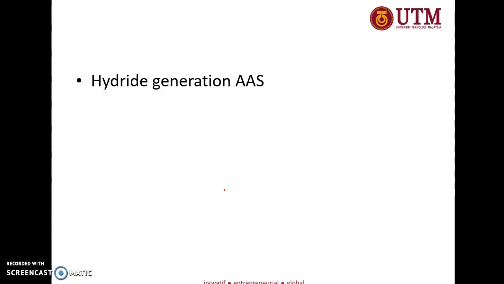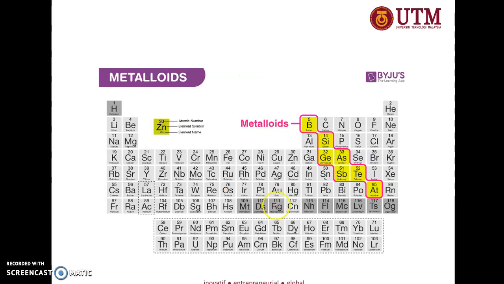First of all, refresh your inorganic chemistry. What are metalloids? Metalloids in the periodic table are the elements tabulated in group 14, 15 and 16 as shown here. We have 1, 2, 3, 4, 5, 6, 7 elements which are semi-metals.